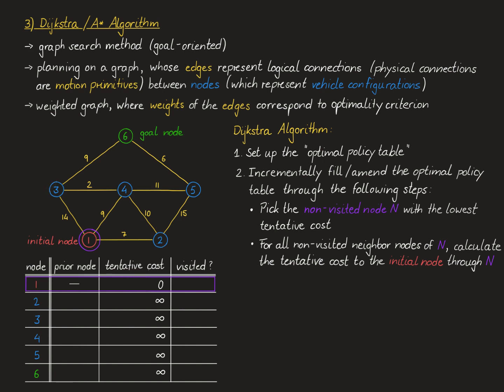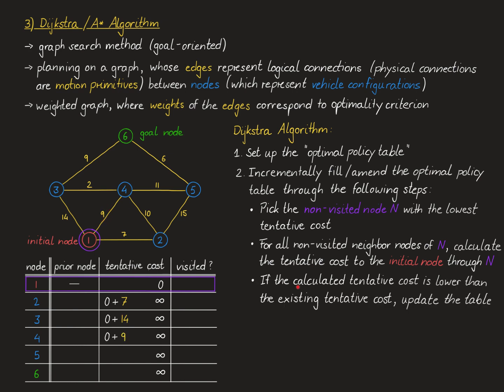Now, in order to calculate their tentative cost of going to the initial node through n, we have to add the tentative cost of n, which is 0 in this case, to the weight of the respective edge that connects the nodes 2, 3, and 4 to the node n, so in this case 7, 14, and 9.